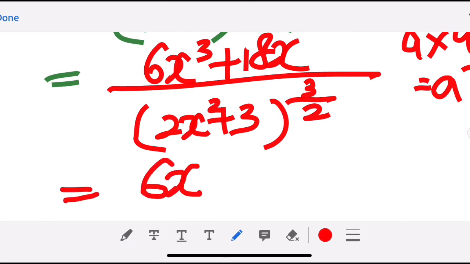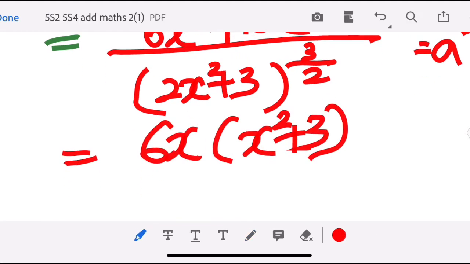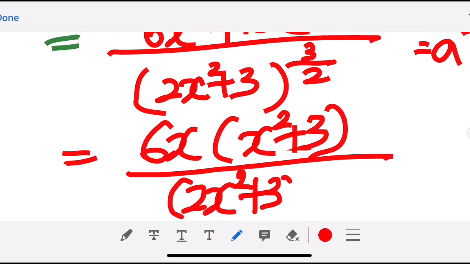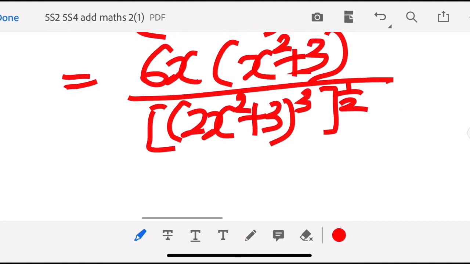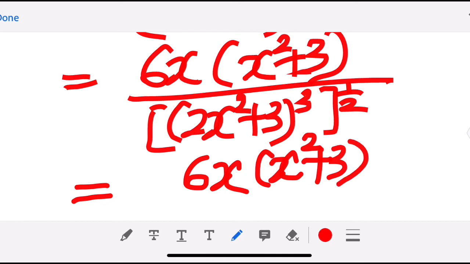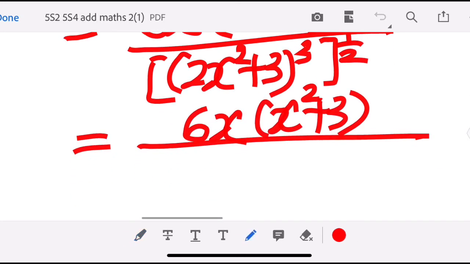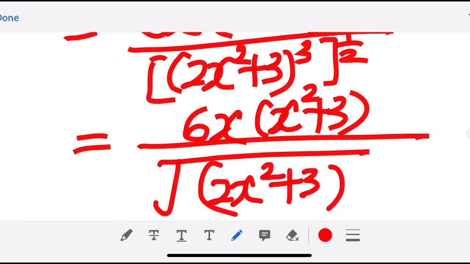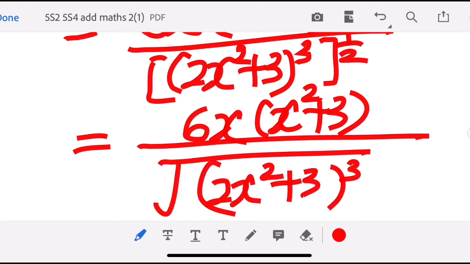It becomes 6x, then x squared plus 3, over, so this one I'm going to write like this: power 3 and then square root, which is power half. So the best answer is 6x (x squared plus 3) over, when you see half, you will write, square root of (2x squared plus 3) to the power of 3. Alright, this is the best answer for this question.